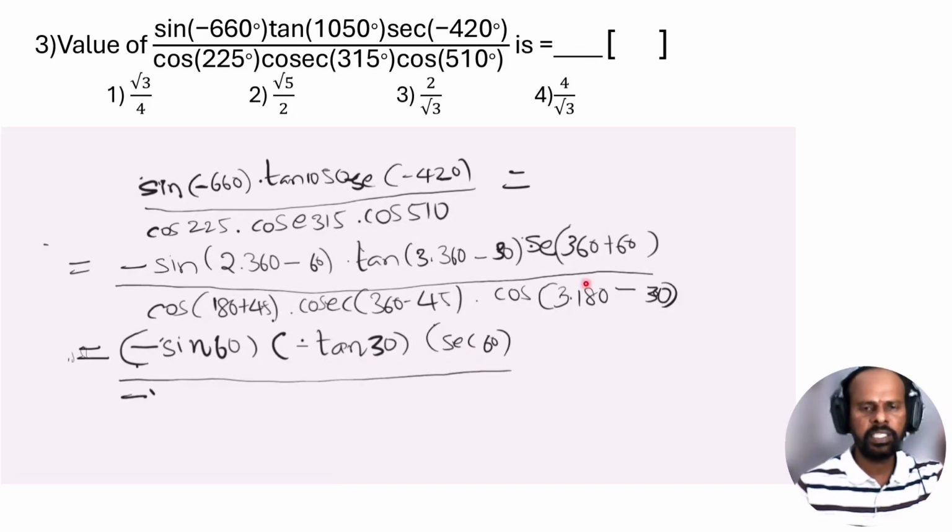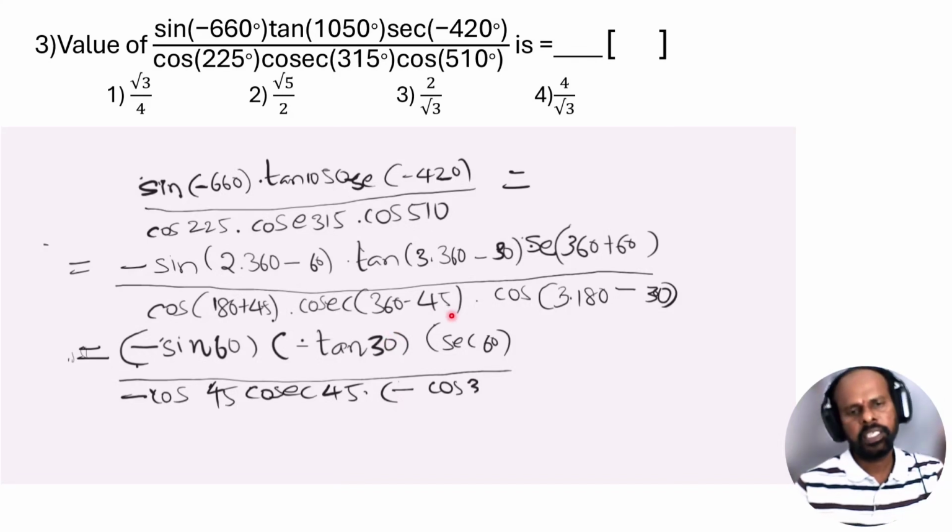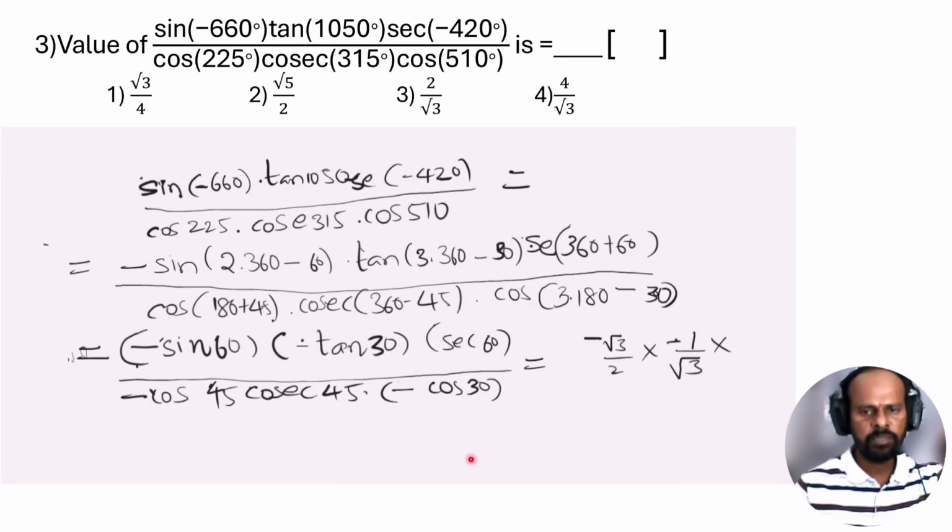And sec 360 plus theta is in first quadrant, plus sec. cos 180 plus theta is in third quadrant. In third cos is minus, so cos 180 plus theta is minus, and cosec 360 minus theta is in fourth quadrant, so cosec 45, and cos 3 pi minus theta, it is in second quadrant, so in second quadrant cos is minus.